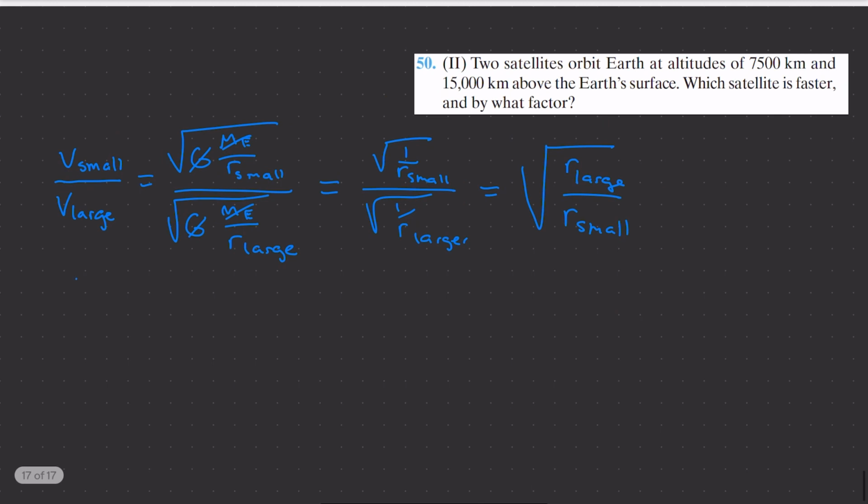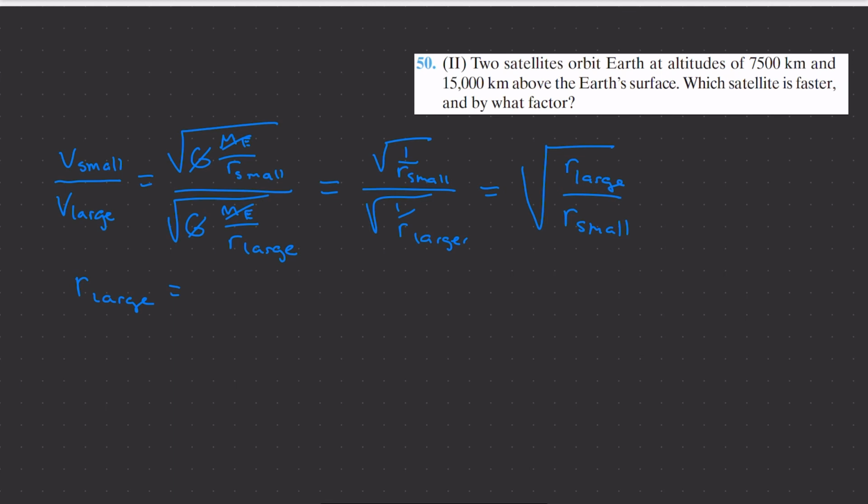The larger radial distance is going to be the radius of the Earth plus 15,000 kilometers, or 15 million meters. We can keep this in kilometers actually. It's not going to make much of a difference because we're just going to be taking the ratio.